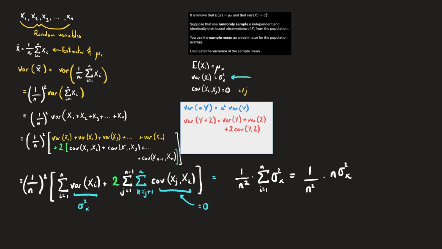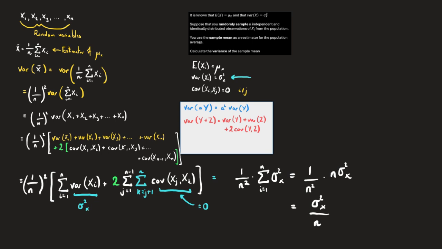We can tidy this up a little bit. We've got an n on the top and an n squared on the bottom, so one of those n's will cancel, giving us that the variance of the sample mean, if the observations are independent and identically distributed and randomly drawn from the population, is going to be equal to sigma squared x over n.